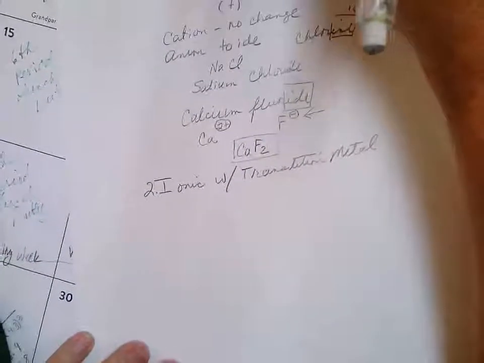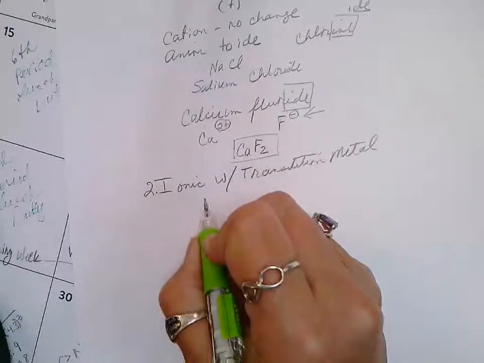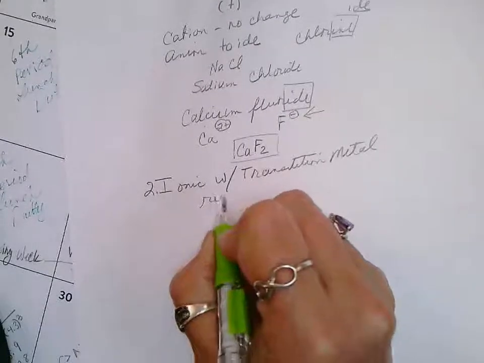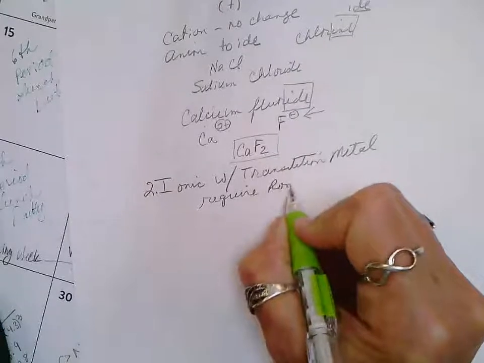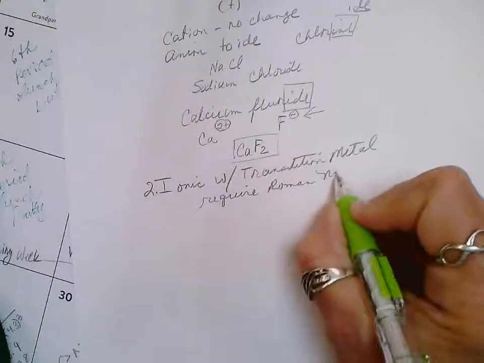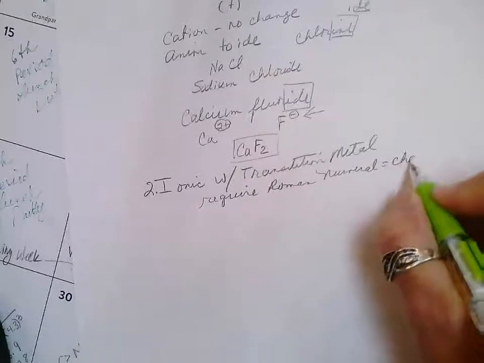They will have things like possibly 2 different ions are possible for some of these. And you also have these listed in that set that I just mentioned. So these require a Roman numeral. And that Roman numeral is equal to the charge on the cation.